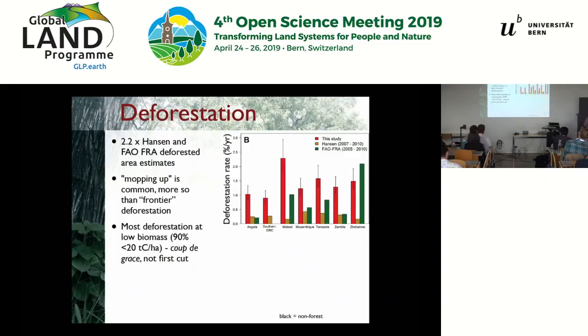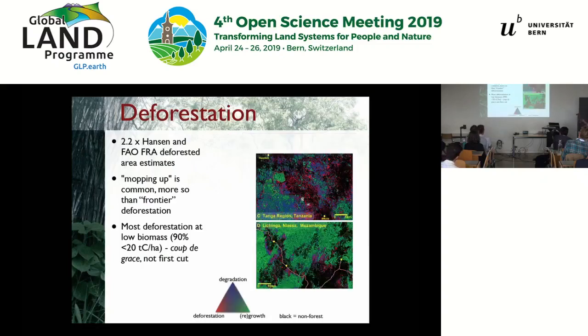Deforestation, the numbers we get are substantially higher than existing products. The reason for that, we think, is that we pick up a lot more of what we call mopping up. So in already quite transformed landscapes, like the top one, these little red dots represent deforestation. So this is not the classic model of deforestation along roads with frontiers expanding into the savanna or the woodland.